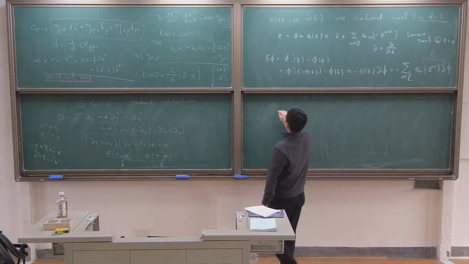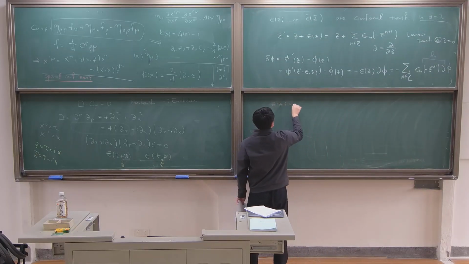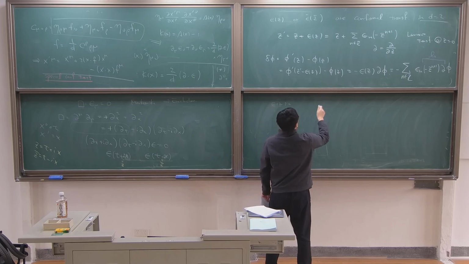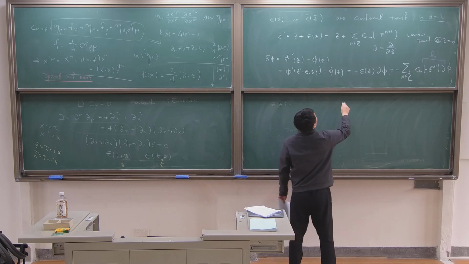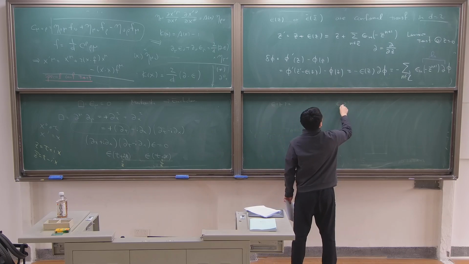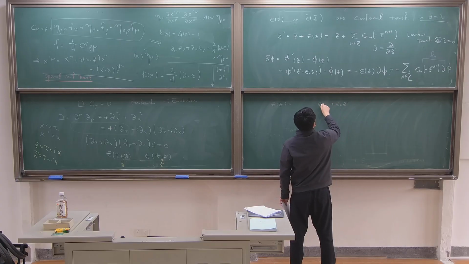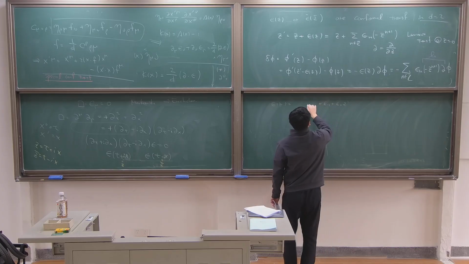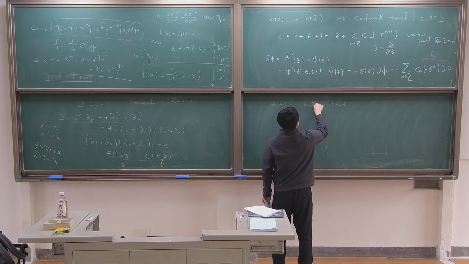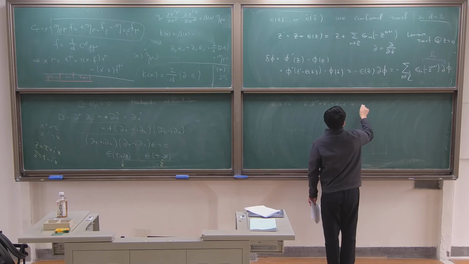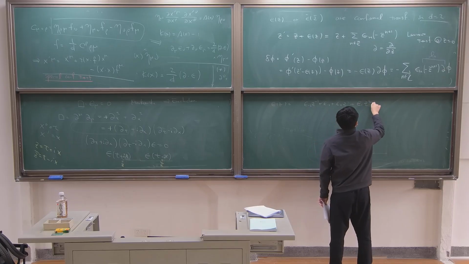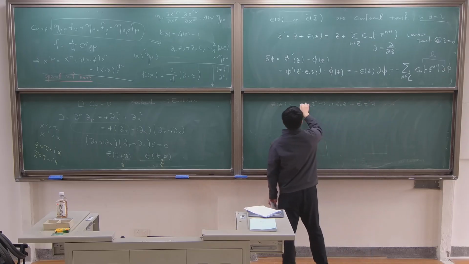So for instance, epsilon of z can be whatever, in my notation something like this: epsilon 0 times z to the 1, epsilon minus 1, and then epsilon minus 2 times z to the minus 1, plus epsilon 1 times z squared, plus blah, blah, blah, dot, dot, dot.